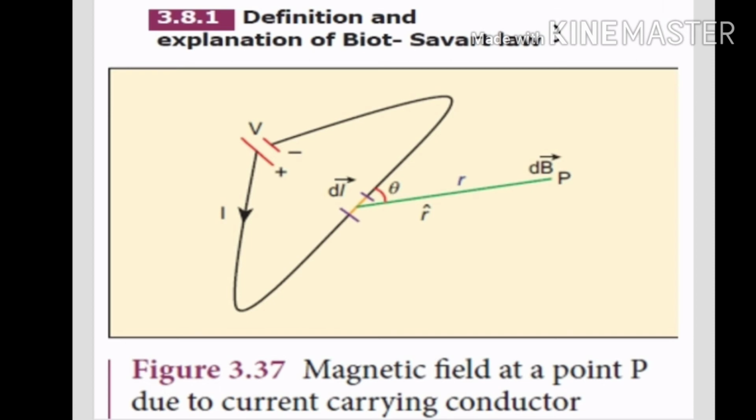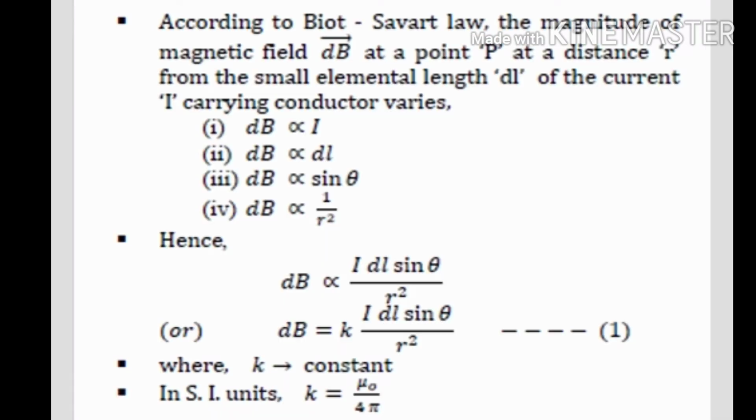According to Biot-Savart law, the magnitude of magnetic field dB at a point P at a distance r from the small element length dl of the current carrying conductor varies as follows: dB is directly proportional to I, the current flowing through the conductor; dB is directly proportional to dl, the small element length; dB is directly proportional to sin theta, the sine of the angle theta; and dB is inversely proportional to the square of the distance between the small elemental length dl and the point P.